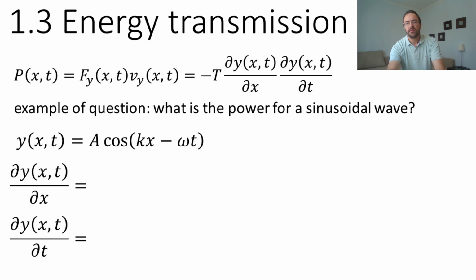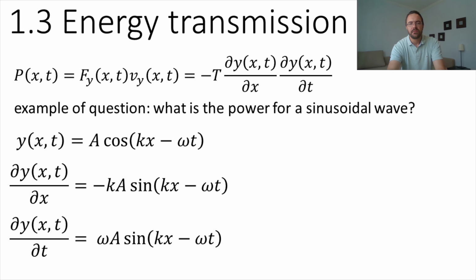To calculate the power using the formula, I'm going to need the slope dy/dx and the particle velocity dy/dt. So let's calculate those derivatives. For the slope, the derivative of cosine gives me minus sine. So I have minus kA sine(kx - omega t).